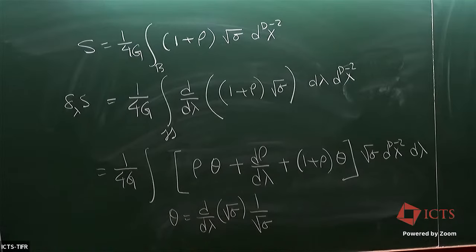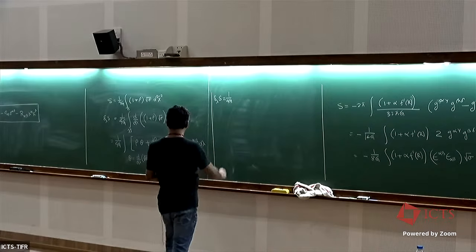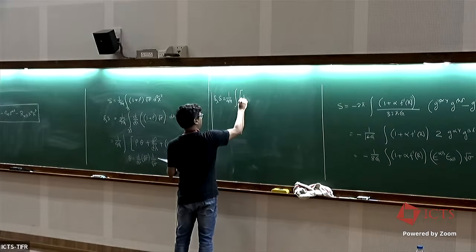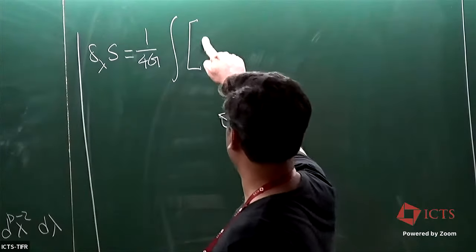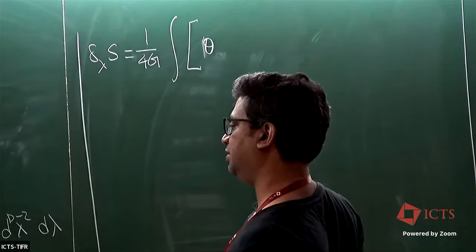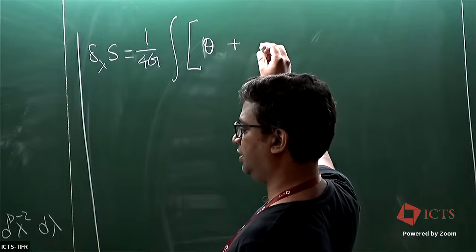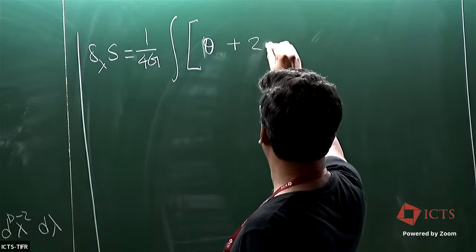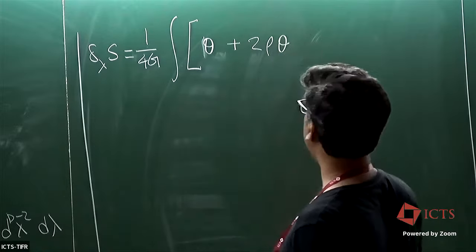So let's write it down again. This is nothing but delta lambda S, which is nothing but 1/4G. Let's see what I get. Integral. Keep the theta as it is. And then we will get plus 2 rho theta, right? Is that what we will get? 2 rho theta. Is it fine?